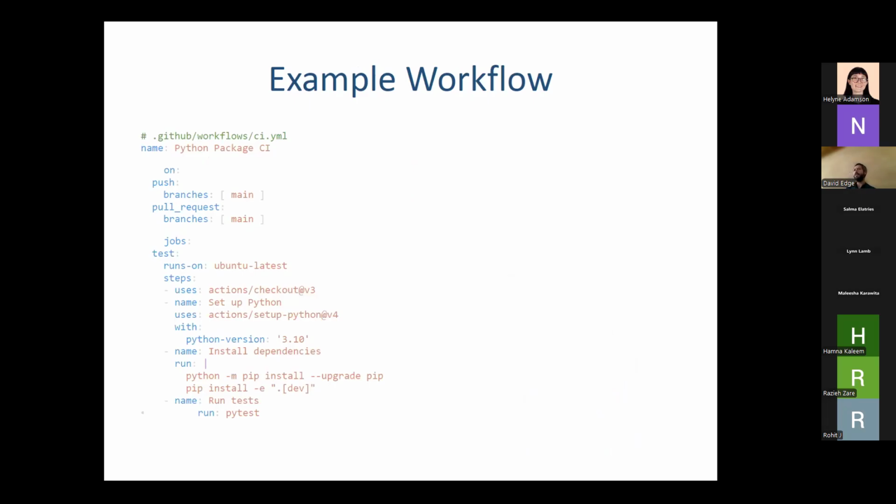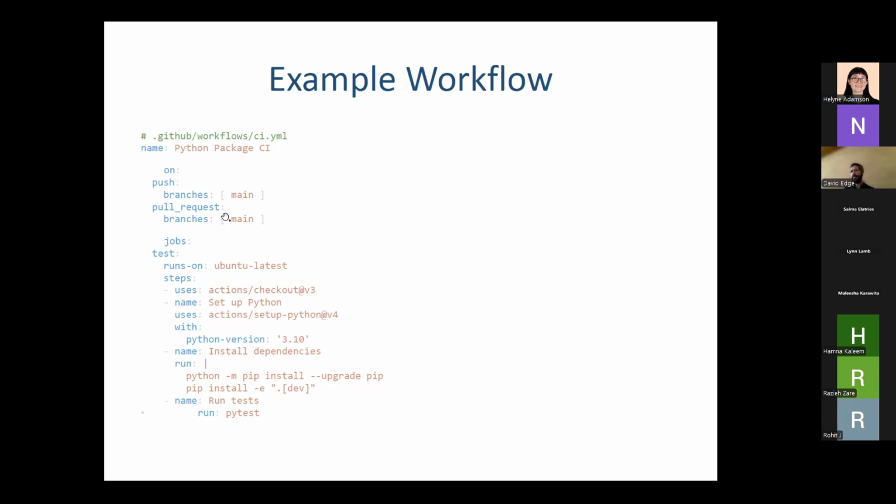An example workflow might look like this for your Python package. So at the top here, we're telling GitHub Actions what the trigger is. So your push event to a specific branch, the main branch, or a pull request to the main branch. So either of these will trigger this workflow.